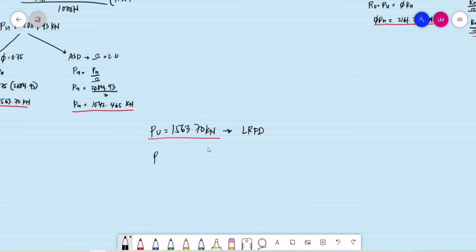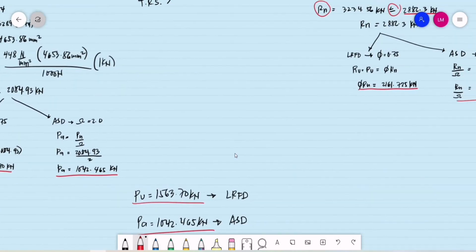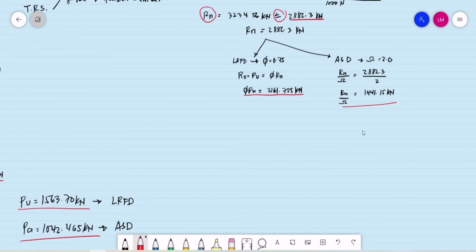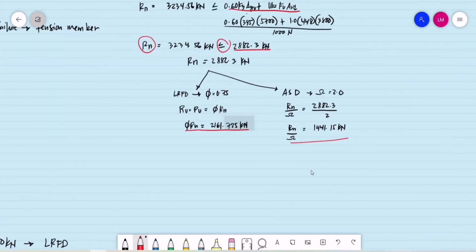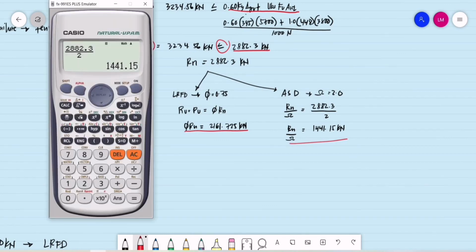For the allowable strength, that will be equal to 1,042.465 kilonewtons. This is for the ASD. If you are to compare the allowable values per analysis, 1299 is greater than 1042.465. And 1441.15, is that the correct value?